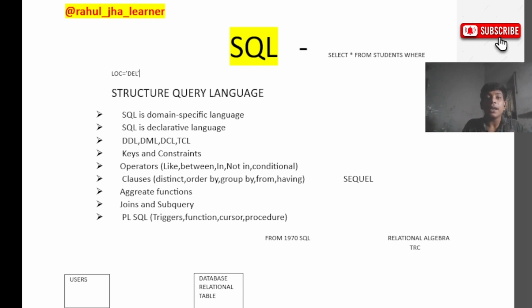What to do is mentioned, but how to do it we don't mention. We directly select star from students where location is Delhi and then get the results. So that's why we call it a declarative language.